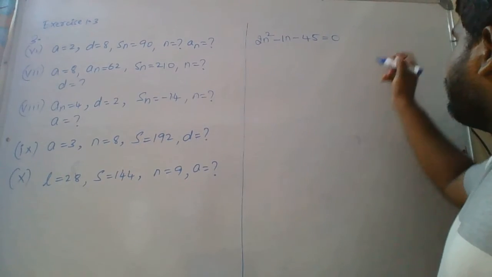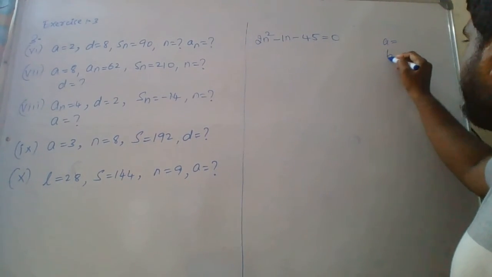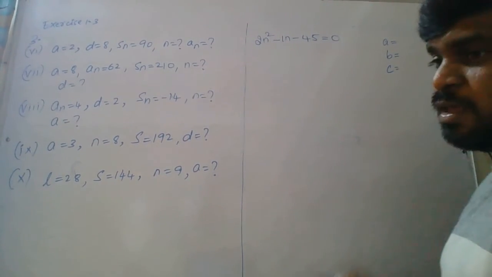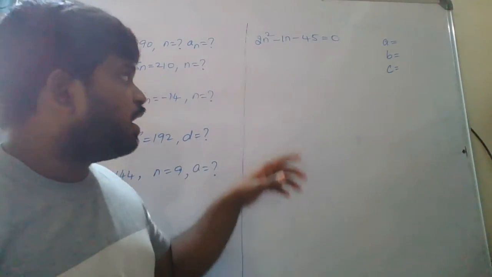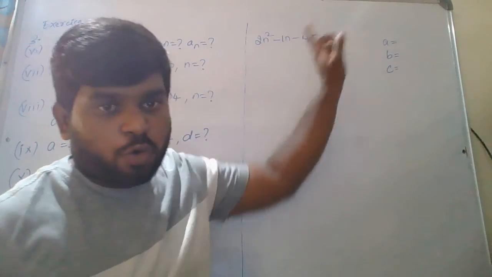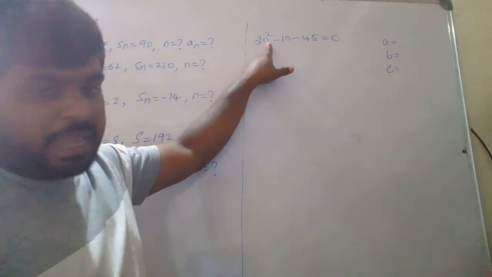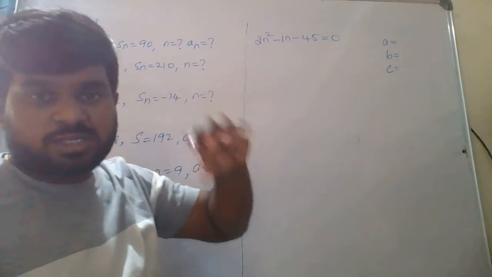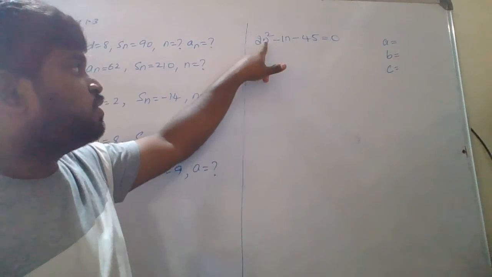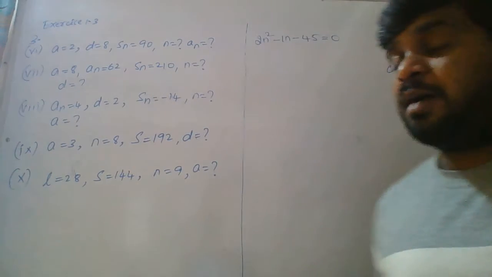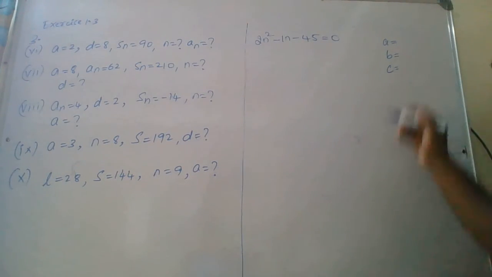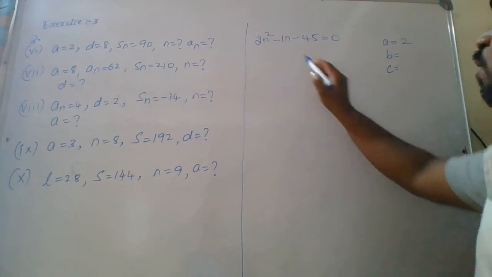Okay, then you have to find something called A, B, C. What is this A, B, C? These are the coefficients. Okay, A is the coefficient of n square, that is, which number is multiplied with n square. The number that is multiplied to n square is 2. So A, the coefficient of n square, is 2. What is B?